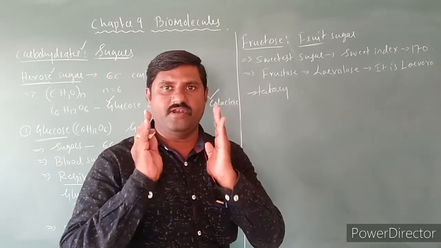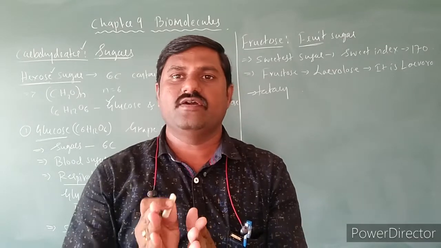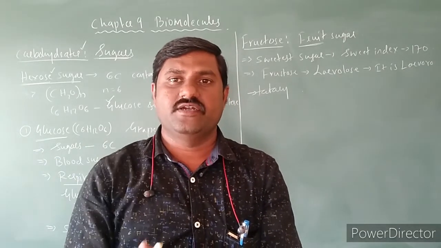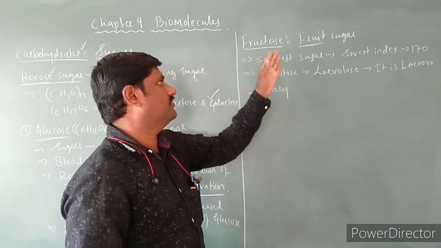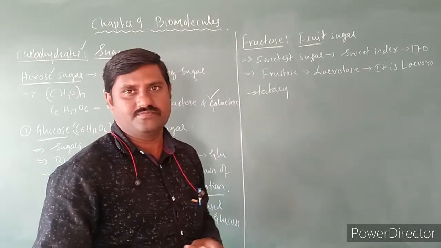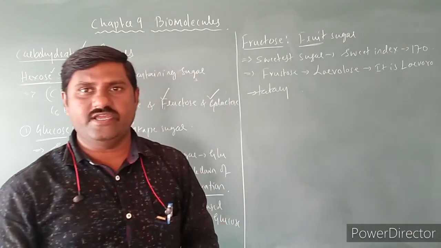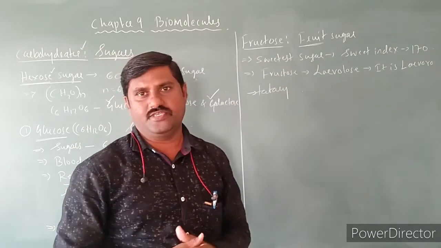If the light bends towards the right side, they are called dextrorotatory. But here fructose is the levorotatory sugar.